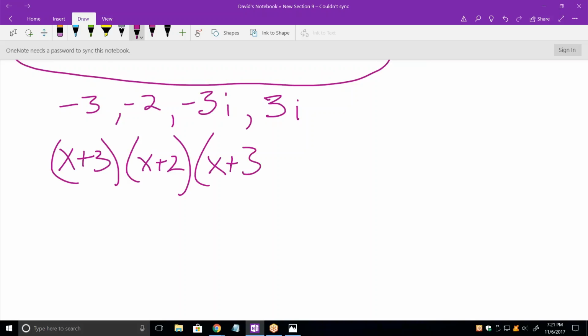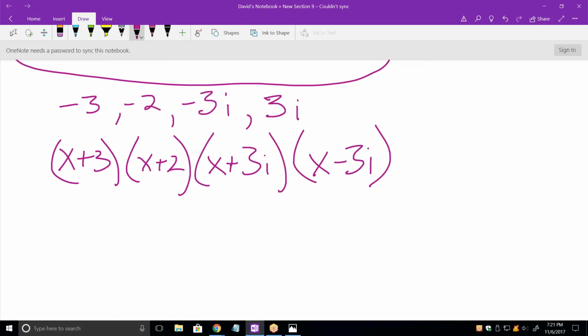Now, in this case, doing the imaginaries first, I guess it really doesn't matter. But when you do these imaginaries, you eliminate the imaginary term. You end up with just two terms without any imaginaries.